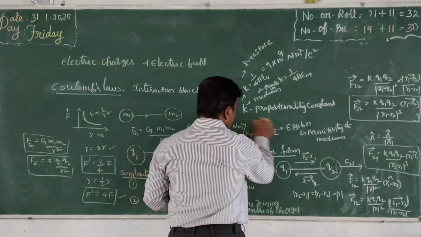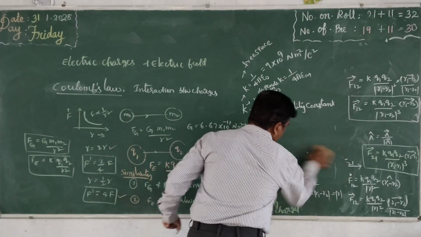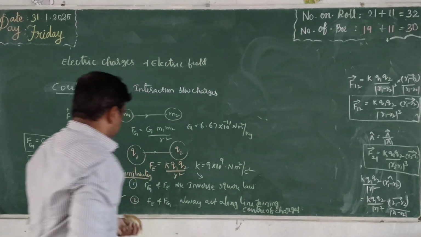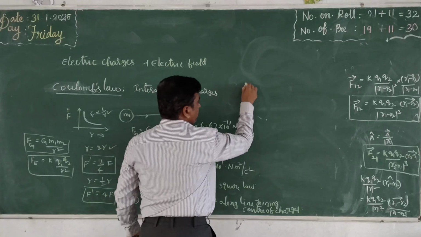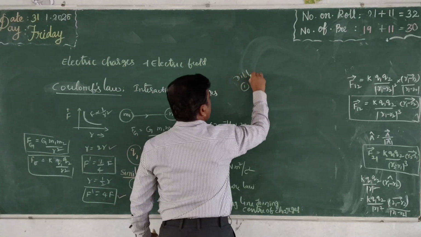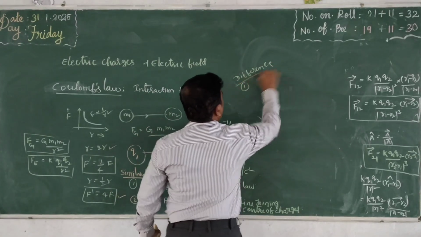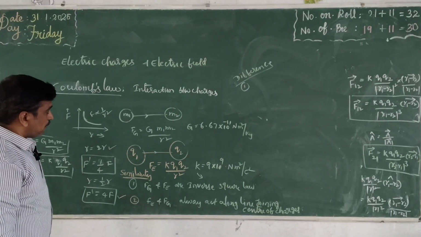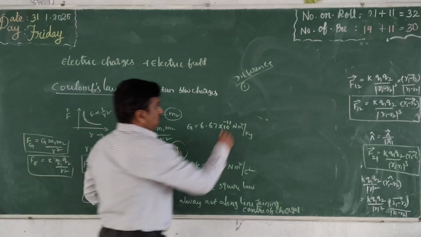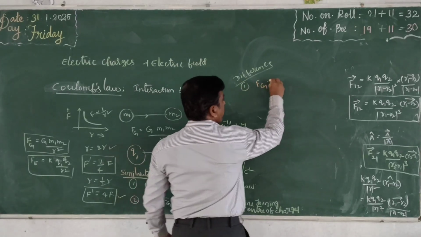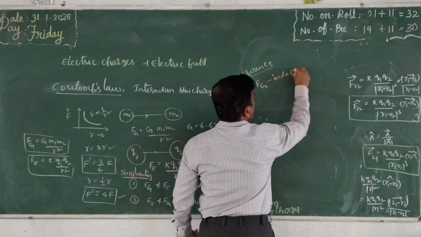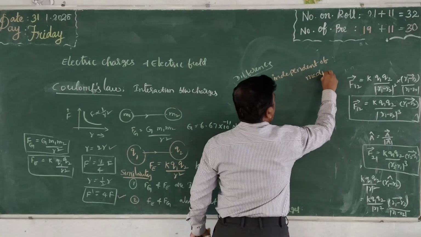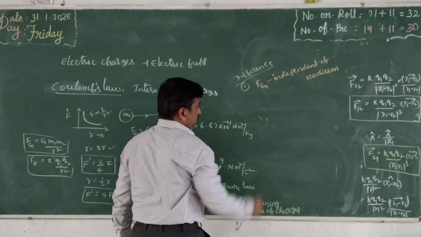Now, what are the dissimilar properties? The first difference between electrostatic force and gravitational force: gravitational force is independent of medium, it does not depend upon the medium.